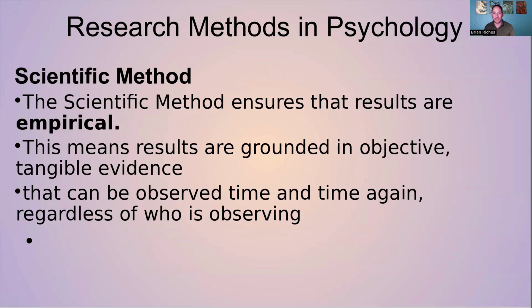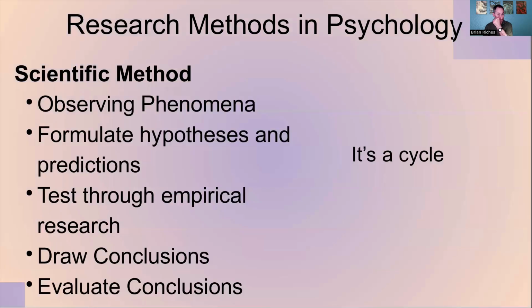We can observe this thing again and again, whether it is the inches on a ruler, a score on a survey, temperature, heart rate, or a person's self-report of their happiness. And so that is what we're talking about, studying things in an empirical way. It's really good also because then you can have other people test it in the same kind of way.